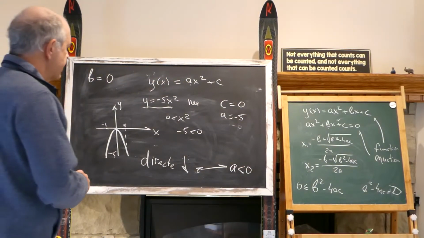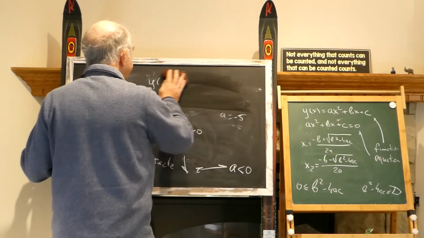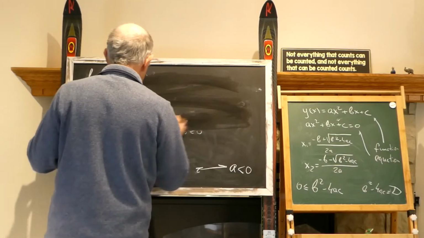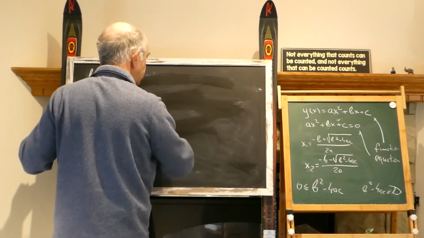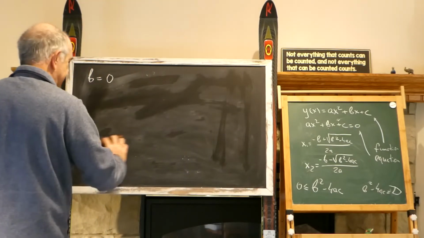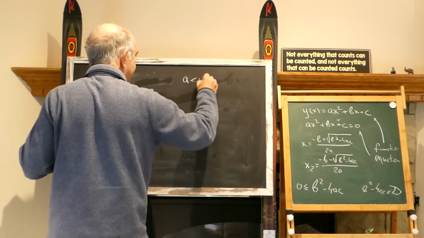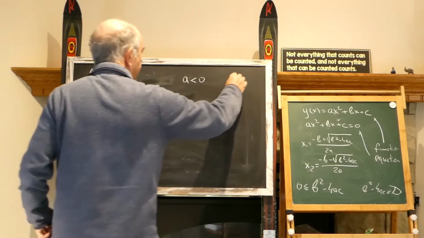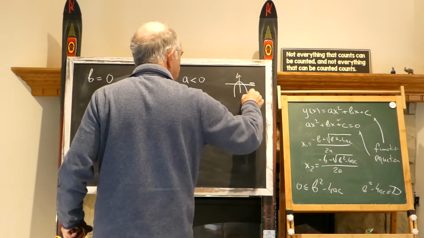Okay? So we have two very important things that we discussed today. And this is an expansion of what we discussed yesterday. We have this: if a is less than 0, the parabola is looking down, always looking down.